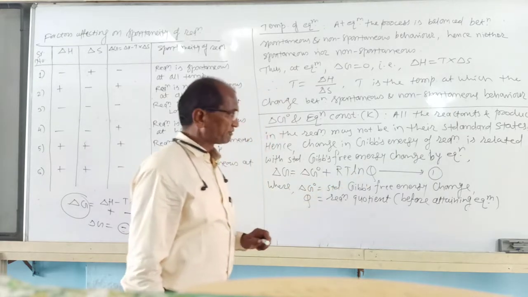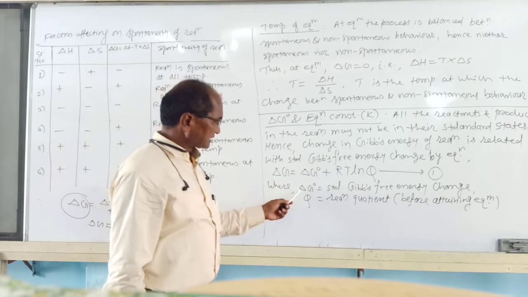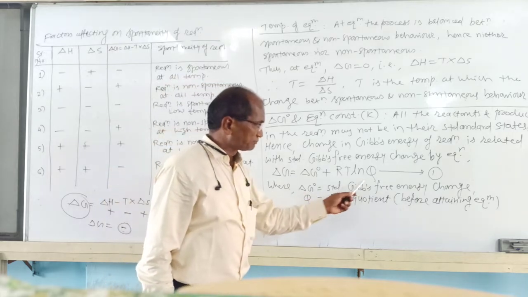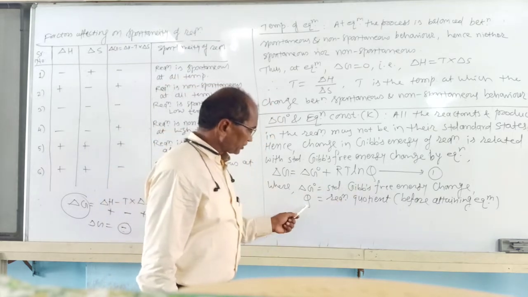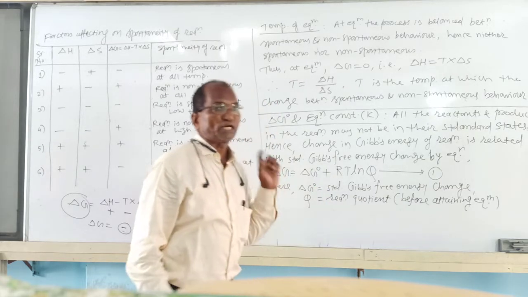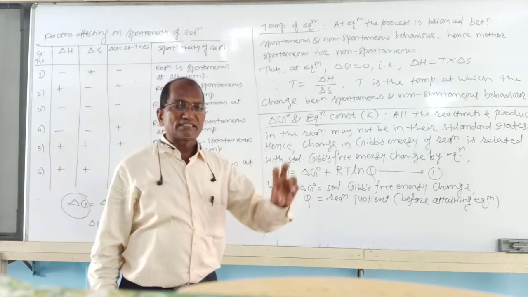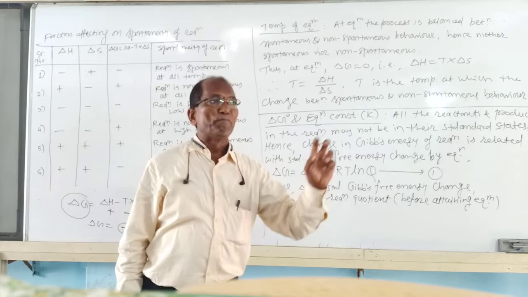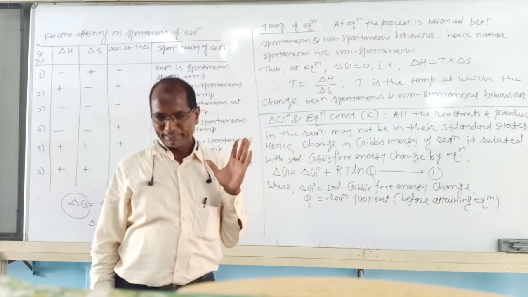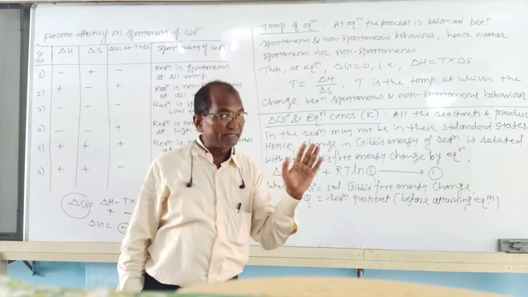Delta G is equal to delta G0 plus RT ln Q. Equation number 1, where delta G0 is the standard Gibbs free energy change and Q is the reaction quotient. This Q is the reaction quotient before attaining the equilibrium, not at equilibrium.